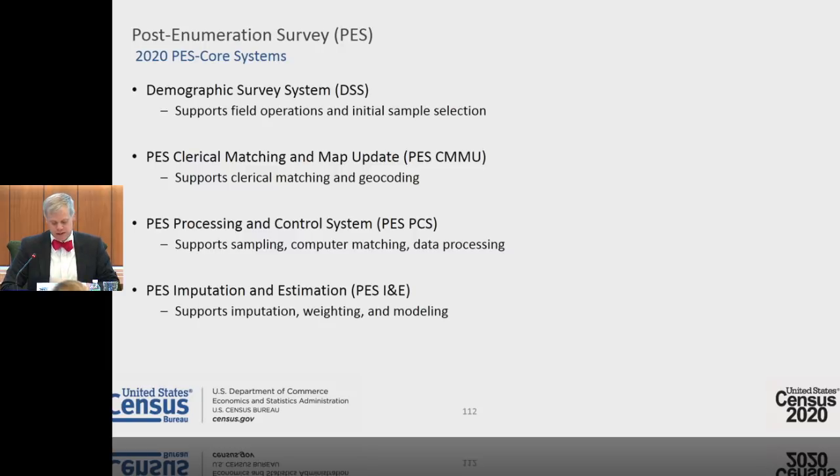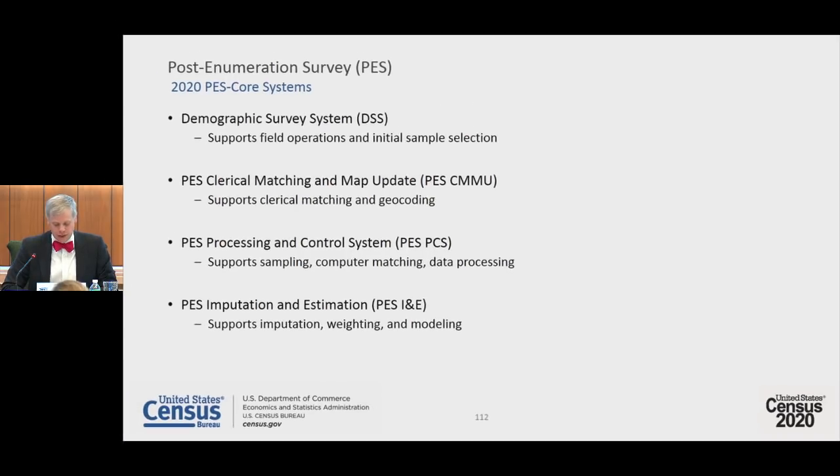The demographic survey system is a collection of legacy systems used to support field operations. Some modifications to the legacy systems are being made, but the general principle is to use the demographic survey systems with minimal changes. Because the Demographic Directorate has a wealth of experience developing systems to select area samples for household surveys, the DSS will be selecting the PES block sample, and that will start next year.